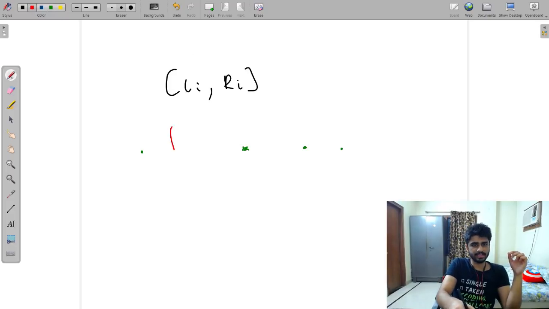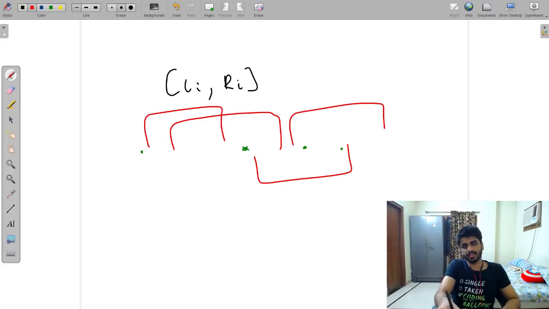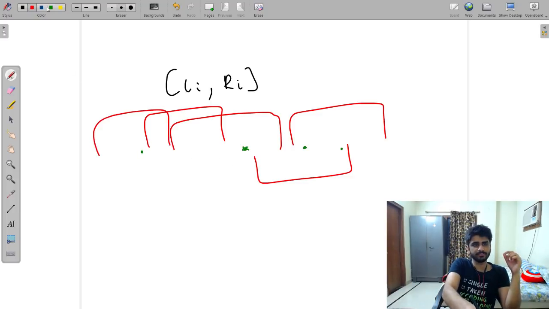So these segments are like this: L1, R1, L2, R2, L3, R3, L4, R4, and so on. And at least one point should be there inside all of these segments, right? So these points represent the chosen dishes.